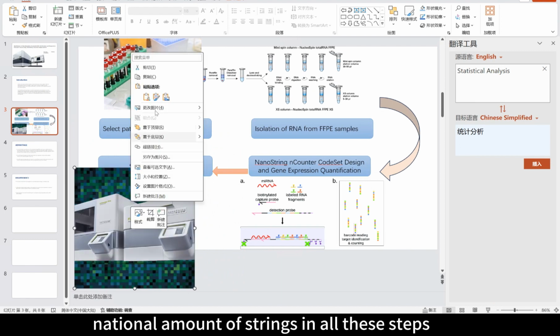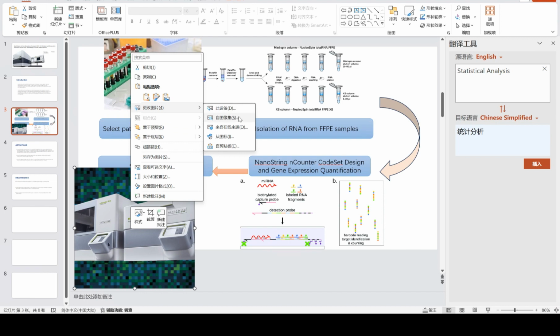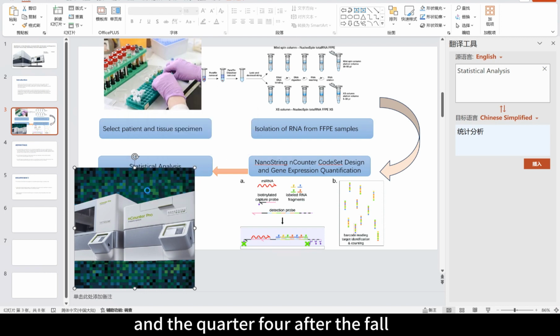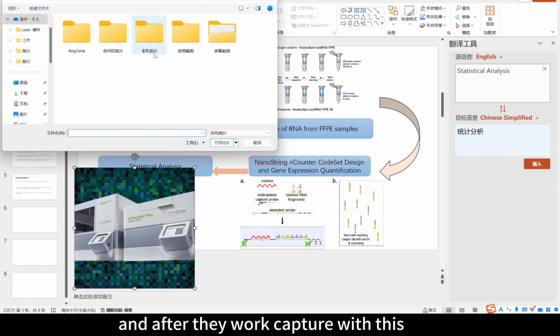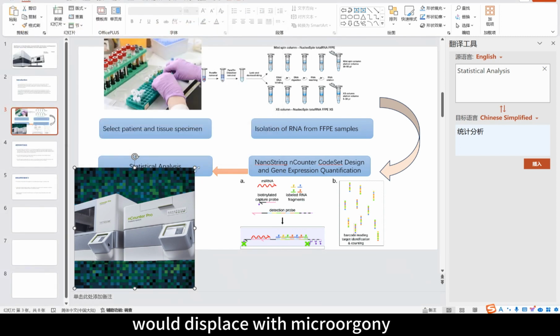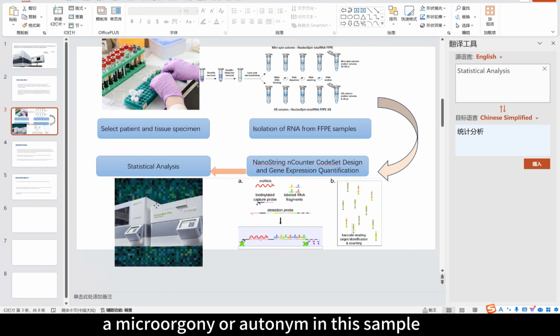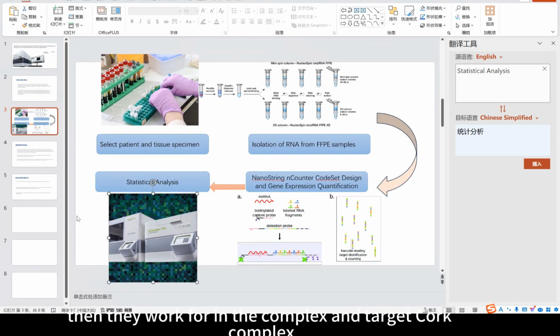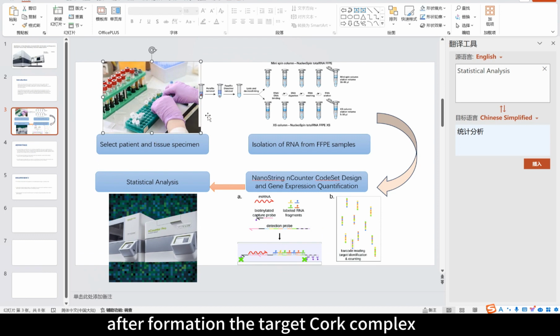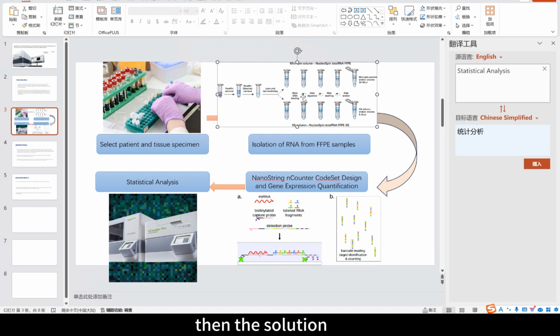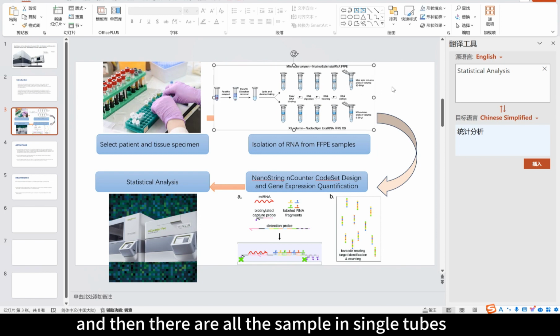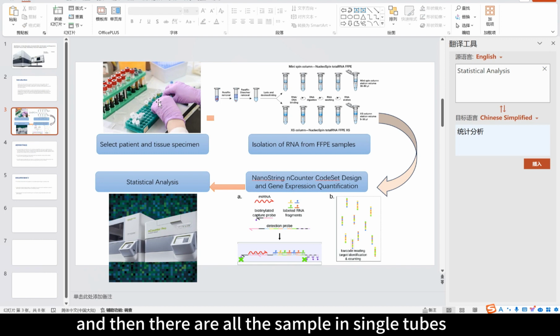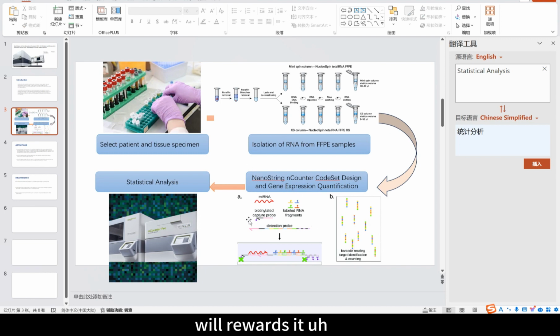Sorry. Nanostring technology steps: first, we have the capture probe and reporter probe. After they capture the specific microRNA or RNA in the sample, they form the target probe complex. After formation of the target probe complex, solution phase hybridization happens, and then all the sample in a single tube is washed of the excess probes.